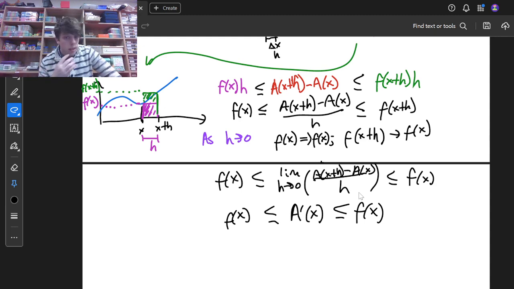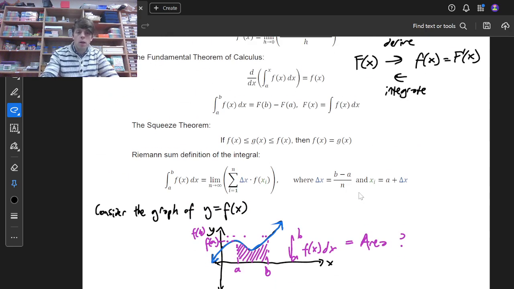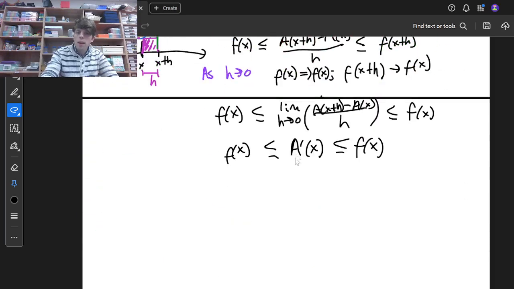Well, what we've shown here is that whatever that function is, the derivative of that function is always greater than or equal to f of x, and it's also always less than or equal to f of x. And by that thing that I wrote up here, the squeeze theorem, we can now see that a dash x must actually be equal to f of x. Because if it's always greater than f of x, always less than f of x, it must be equal to f of x.